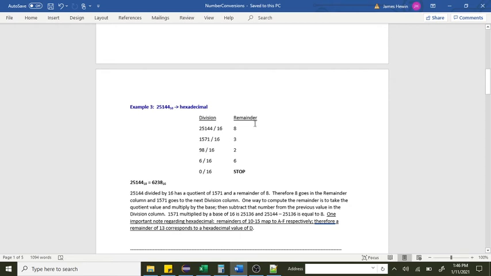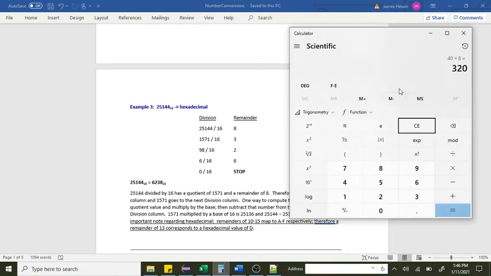We do the same thing. And again, to calculate the remainder, if you use your calculator, 25144 divided by 16 gives me 1571. Well, what's the 0.5? If I take 1571 times 16, I get 25,136, which is 25,144. That's a difference of 8.